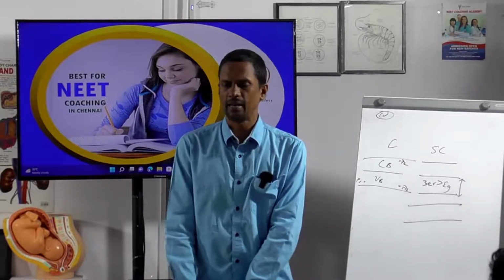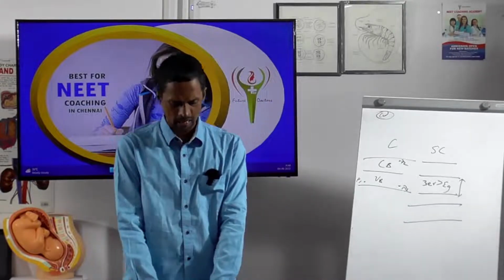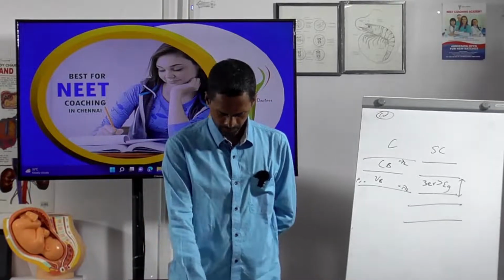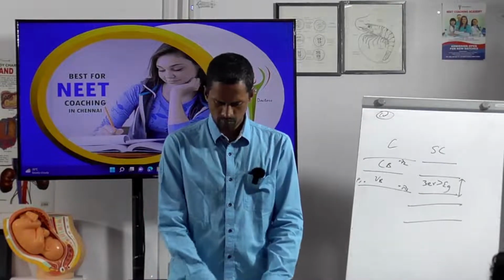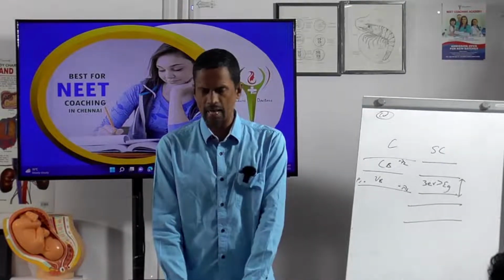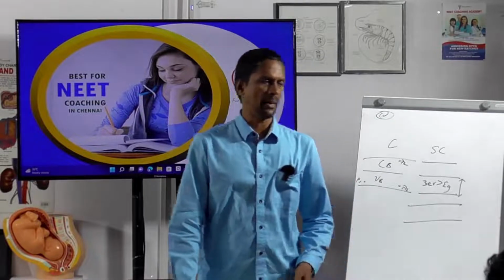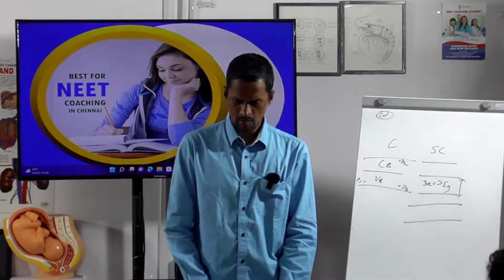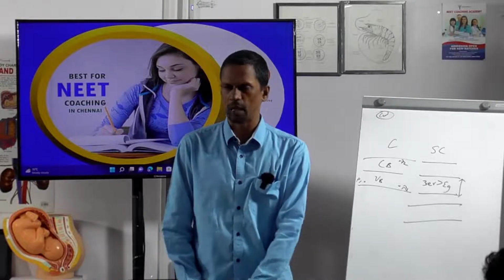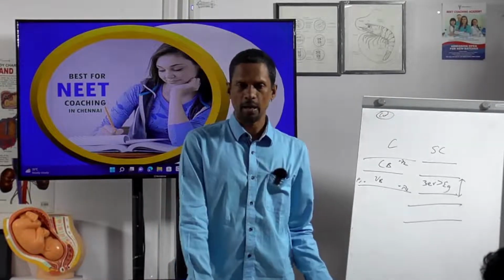So semiconductor has two types, intrinsic and extrinsic. Then extrinsic has two types, N type and P type.